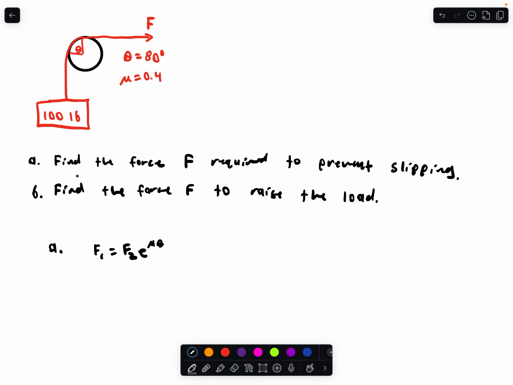So for A, when we're trying to find the force to prevent slipping, that's going to be the weight. And then our F2 is resisting the impending motion, so that's just going to be our F. So if we rearrange this equation, we can set F equal to F1, or the weight, over e to the mu theta.